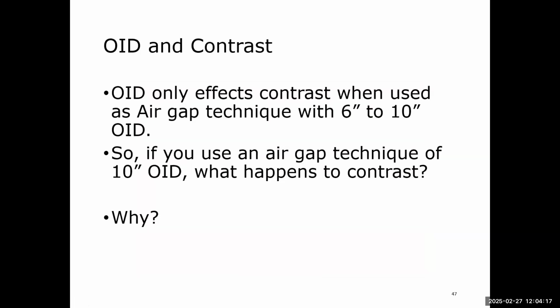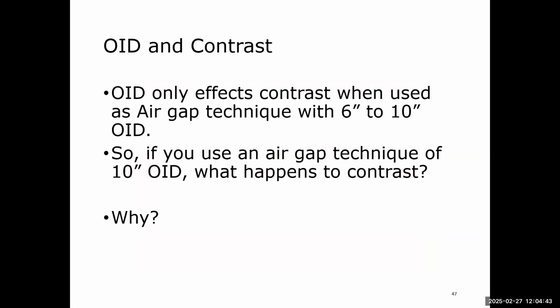Again, back to air gap. So if you have a 10-inch air gap, what would that do for contrast? It acts as a low ratio grid, so what would it do? It would increase contrast. And again, it's for the same reason, because the scatter is what? Not hitting the IR. Hopefully it's missing it.